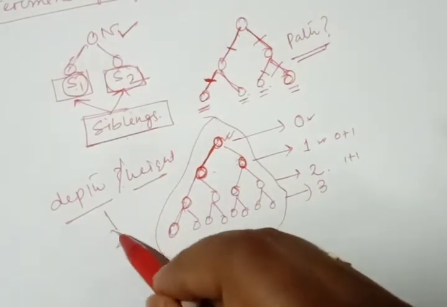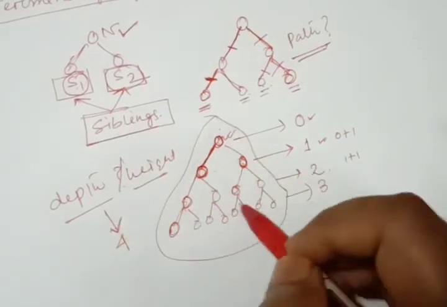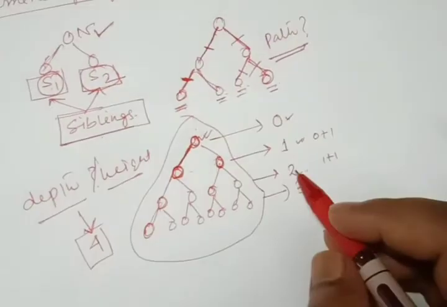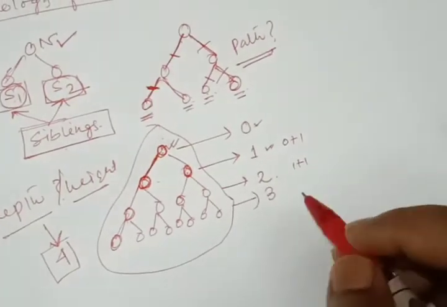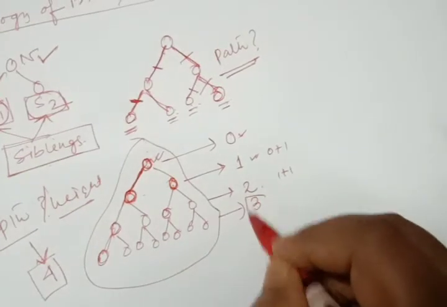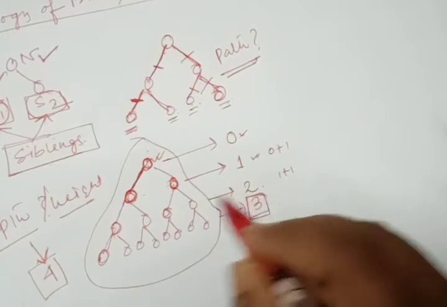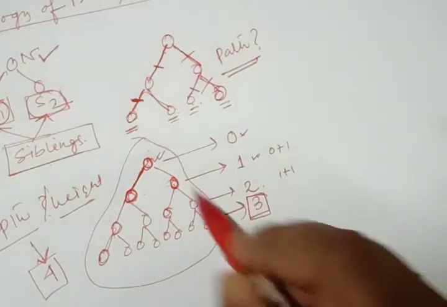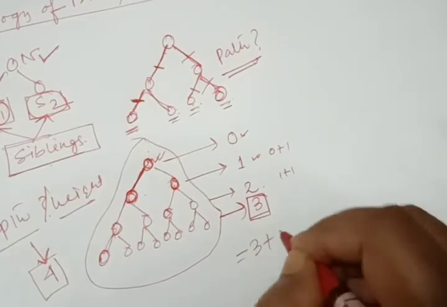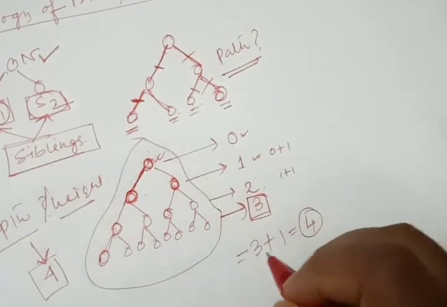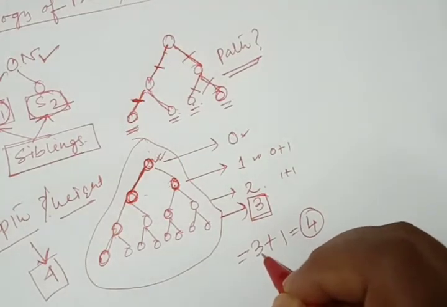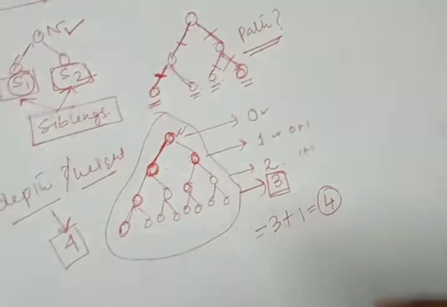So the depth of this tree is 4. This is one way that we can find it. The second way is that it turns out to be one more than the largest label number of the tree. Here the largest label number is 3, so the depth will be 3 plus 1 equals 4.